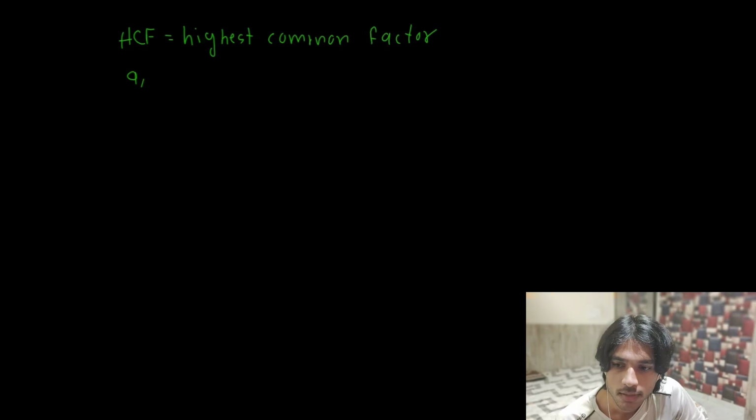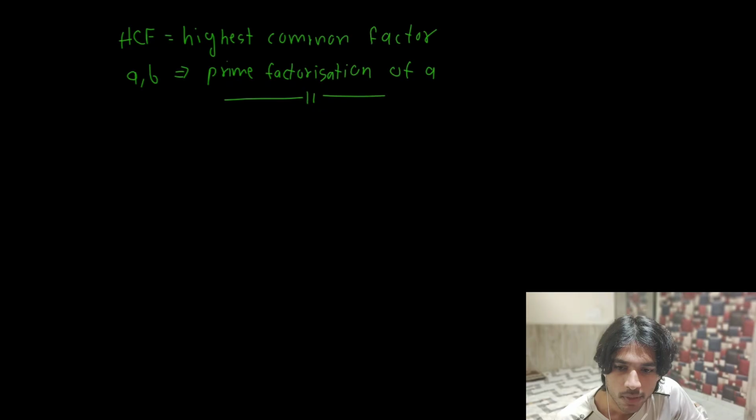So suppose A and B. We have to find the HCF of A and B. We will simply write the prime factorization of A, and similarly we will write the prime factorization of B, and then we will simply collect common primes.